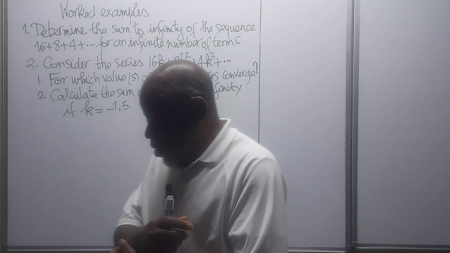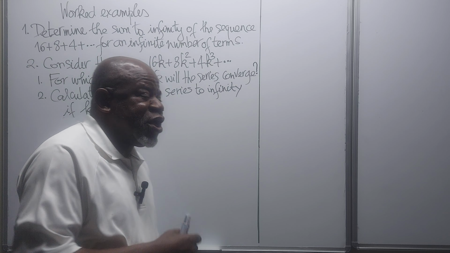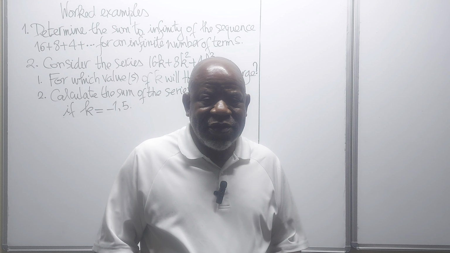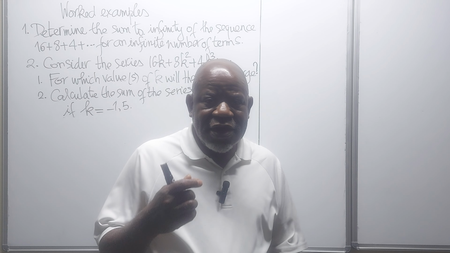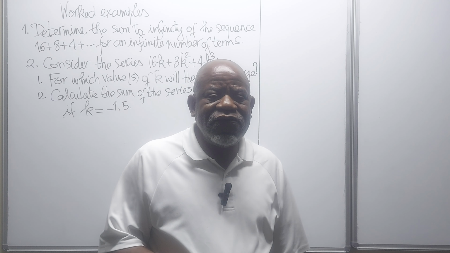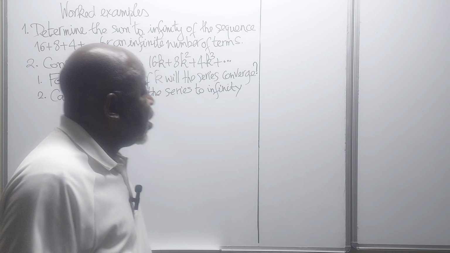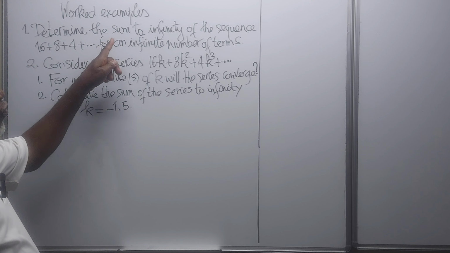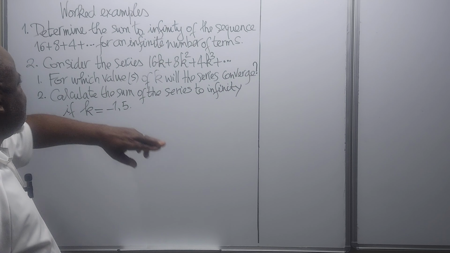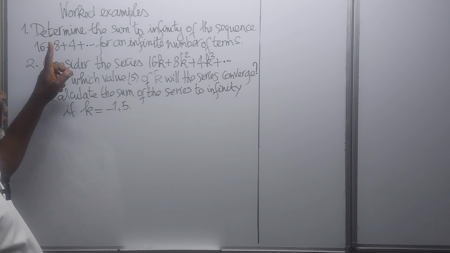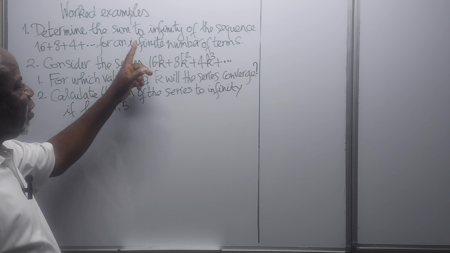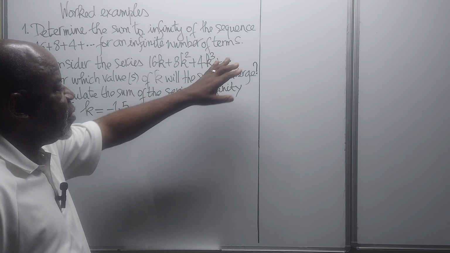Last time we were talking about the sum to infinity of a geometric sequence. So we're going to have a couple of worked examples. The first one: determine the sum to infinity of the sequence 16 plus 8 plus 4 and so on, for an infinite number of terms.